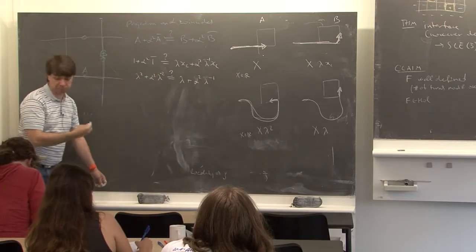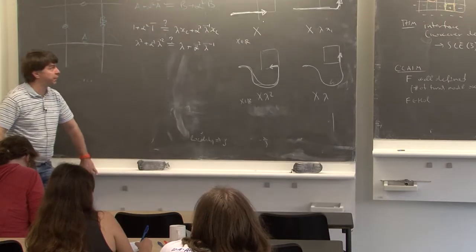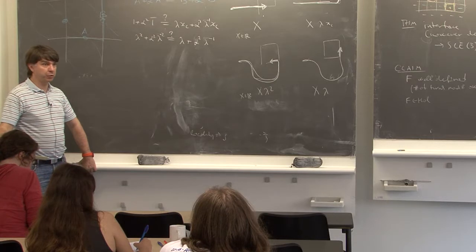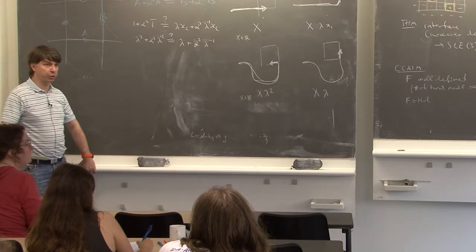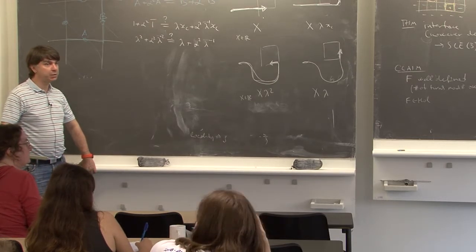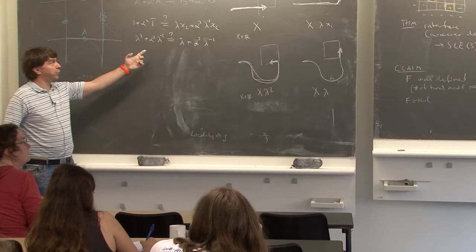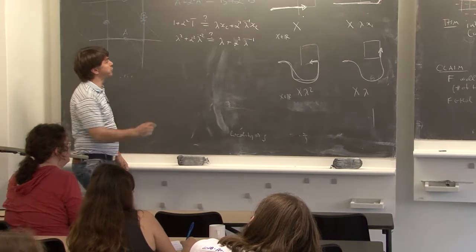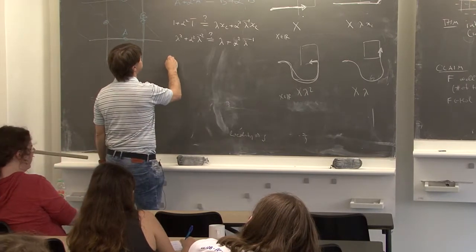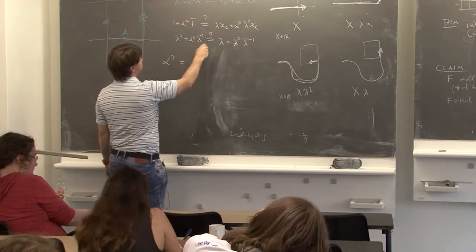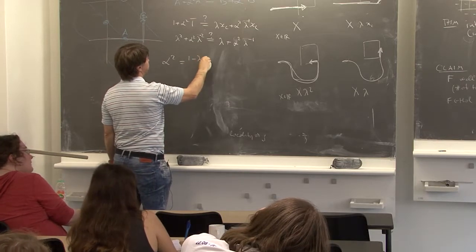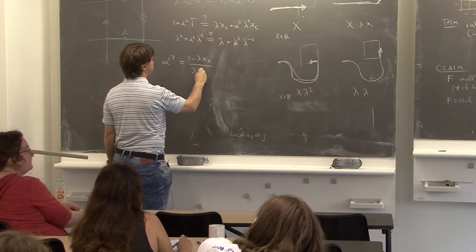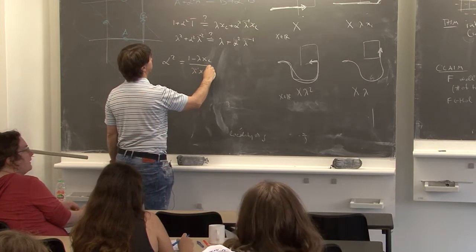And there are 2 more possibilities, but they give the same equations, more or less. There are a few more possibilities, but it turns out that all equations give the same. You can solve them in alpha, and the solution is always the same. So the first one, for example, says that alpha squared is 1 minus lambda xc over lambda inverse xc minus 1.